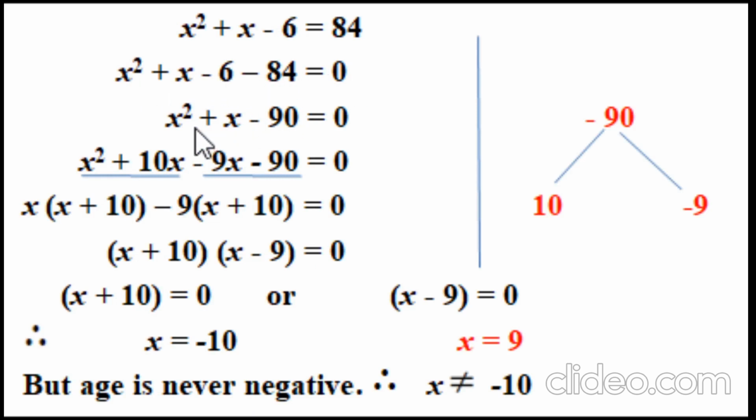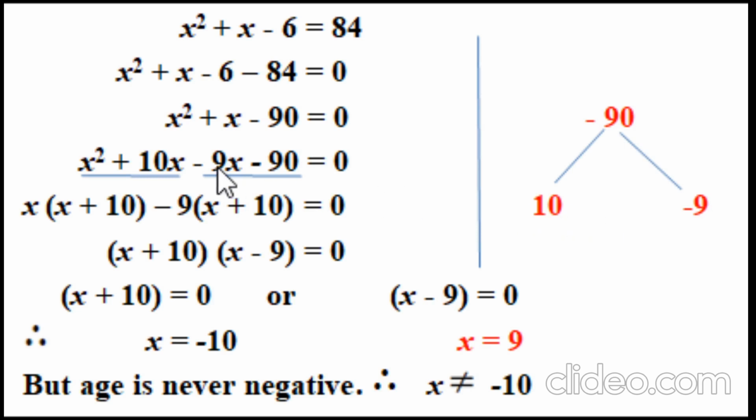So finally a quadratic equation is available to us. It is x square plus x minus 90 is equal to 0. Here we are using the factorization method. We have to find two numbers whose product is minus 90 and whose sum is plus 1. So the numbers are 10 and minus 9.